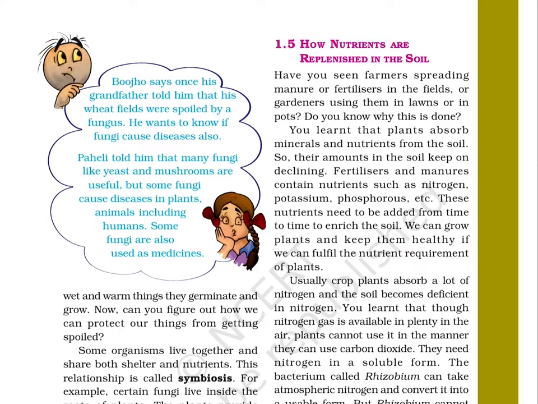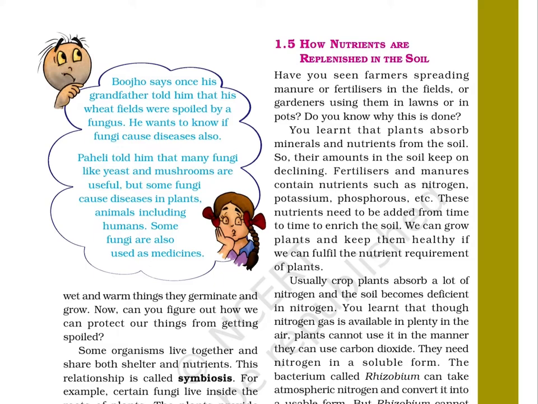So, their amounts in the soil keep on declining. Fertilizers and manures contain nutrients such as nitrogen, potassium, phosphorus, etc. These nutrients need to be added from time to time to enrich the soil.